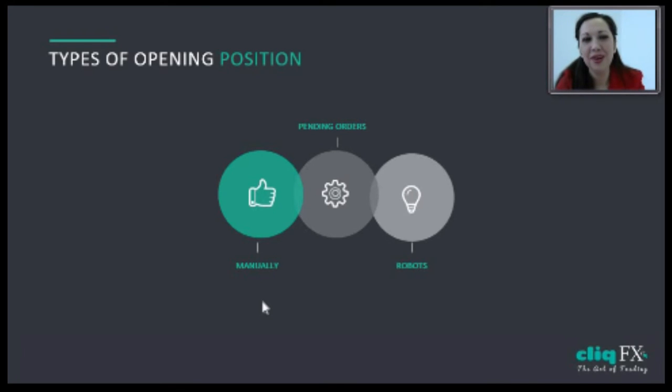As I told you, some traders use robots more than the others, because actually it's very convenient for them to use them. And expert advisors open your positions automatically, so you don't have to be present in front of your computer. You can continue doing what you were doing.